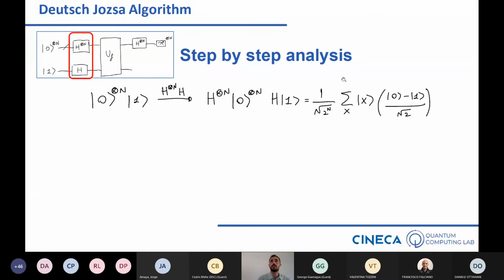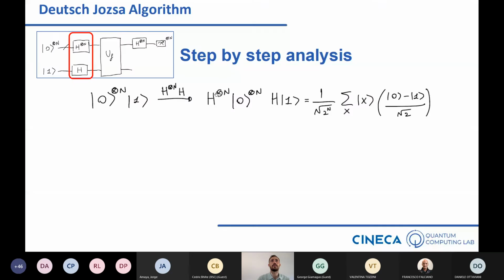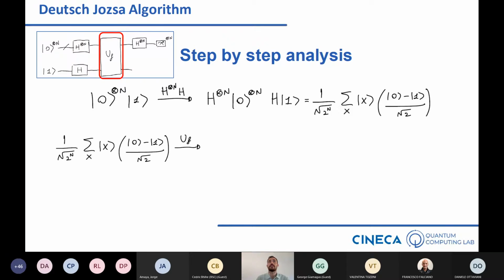This is the effect of H tensor n on 0 tensor n, and this is something that we already know, the effect of H on 1, which gives you the minus state, so 0 minus 1. Then what happens? You want to apply the circuit, the unitary that evaluates f.